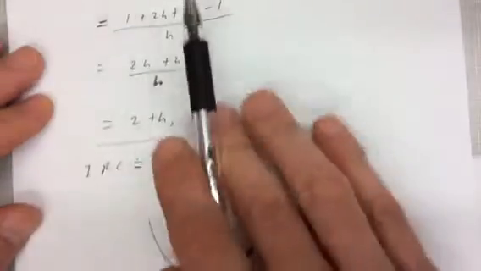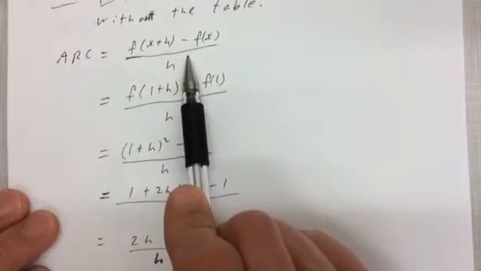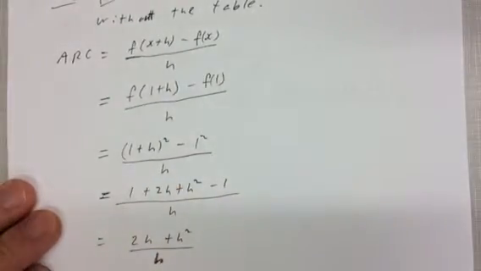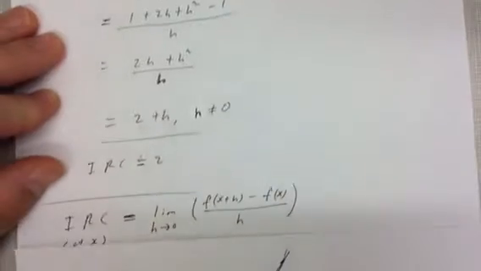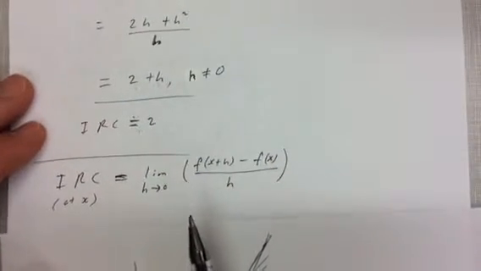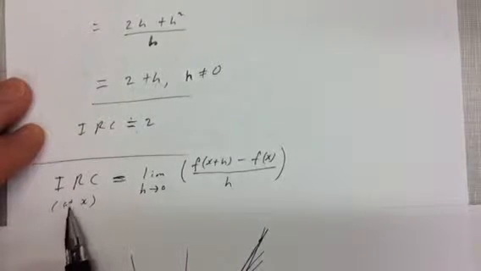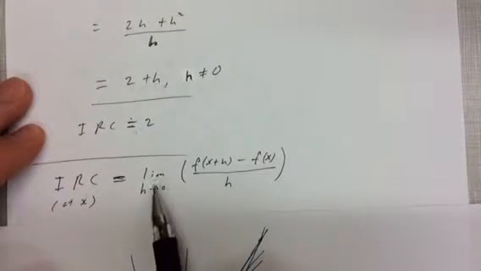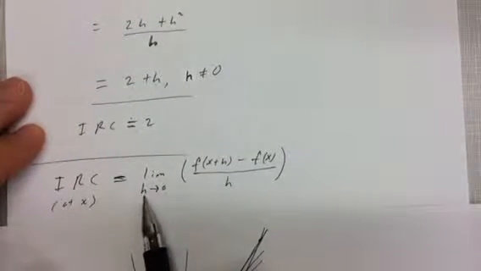Mathematicians decided to use this operator on this expression for average rate of change in order to define the instantaneous rate of change. So the instantaneous rate of change at some value x is now defined as the limit as h approaches 0.